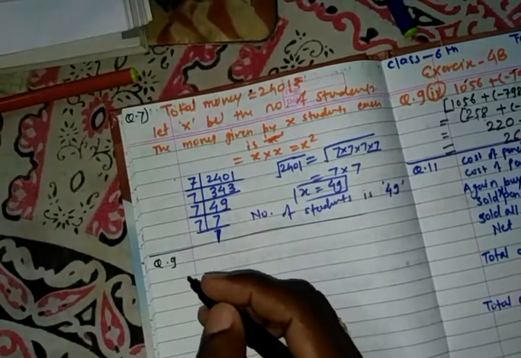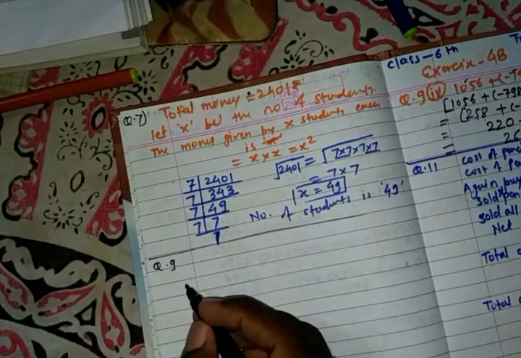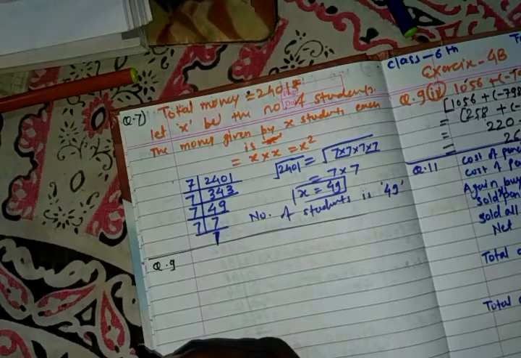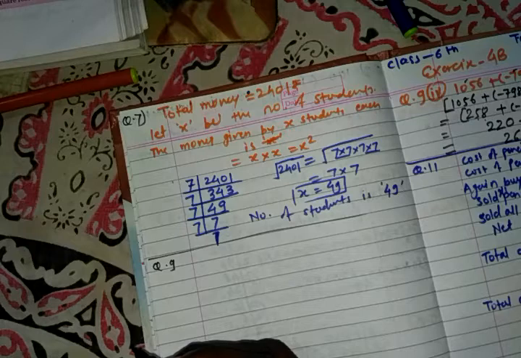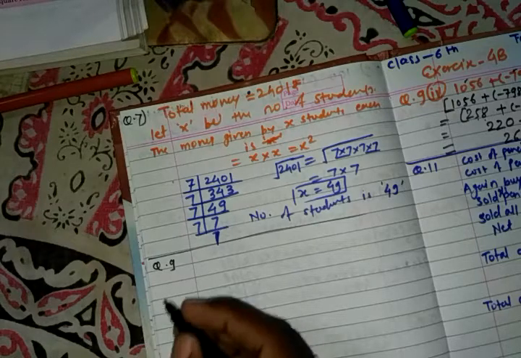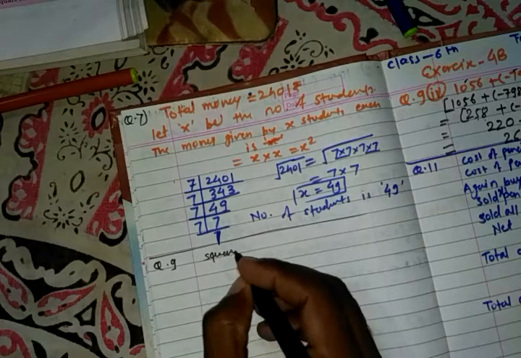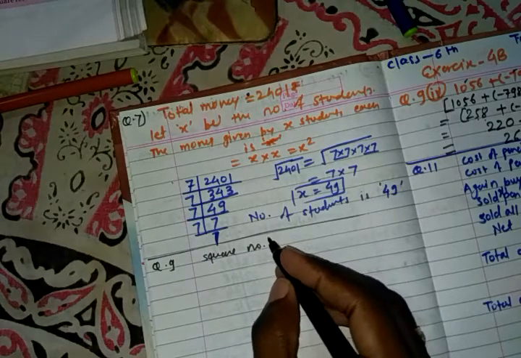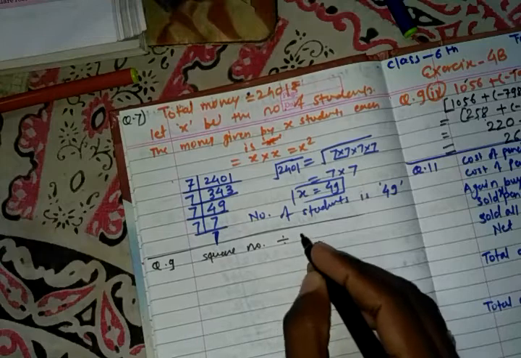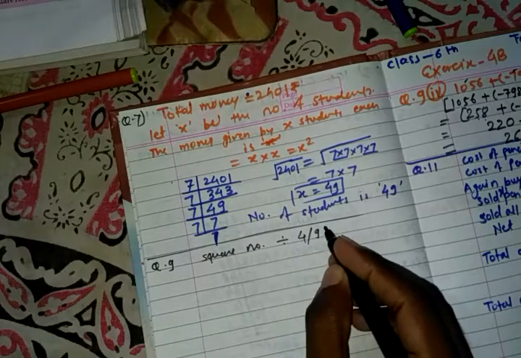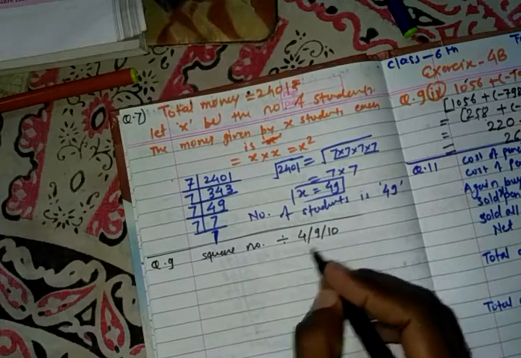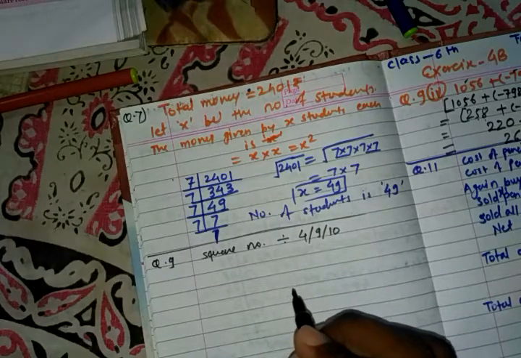Now we will take question number 9. I am reading: find the smallest square number that is divisible by each of the numbers 4, 9 and 10. Means we have to find the smallest square number which is divisible by 4, 9 and 10, means all these numbers will divide the smallest square number.